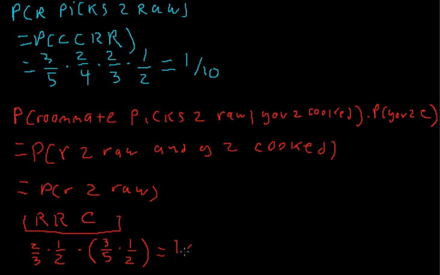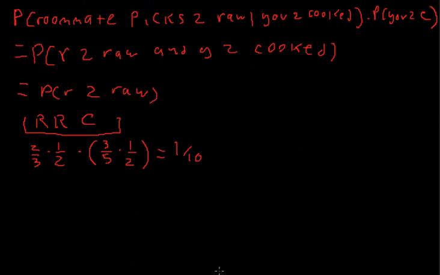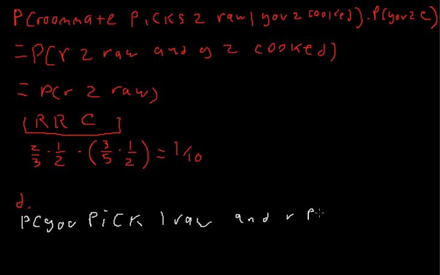So that's 2 different ways of thinking about this problem. And now, finally, we can move on to part D, which is what is the chance that you and your roommate both pick 1 raw egg. So the probability you pick exactly 1 raw, and roommate picks exactly 1 raw. Note that this is an AND, so again, we will go ahead and use the multiplication rule.